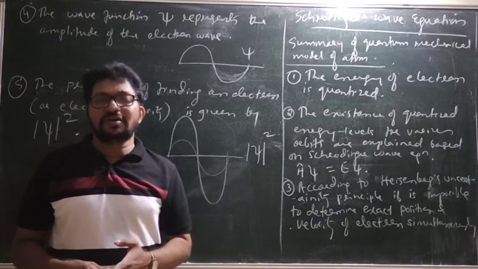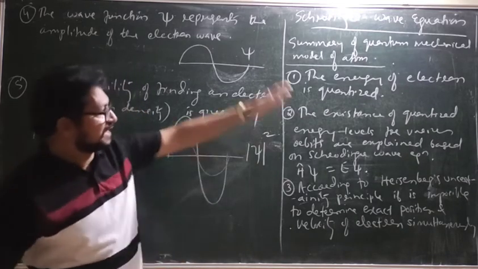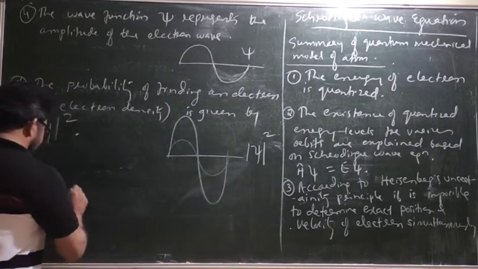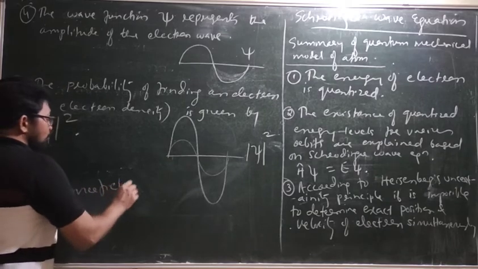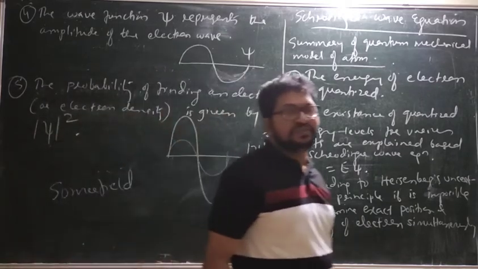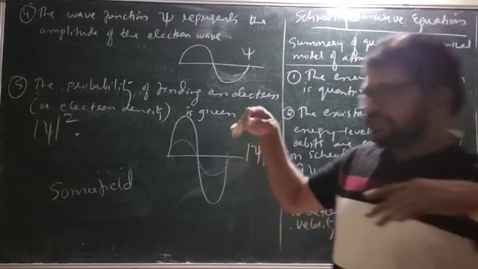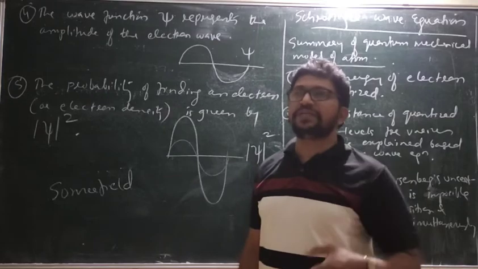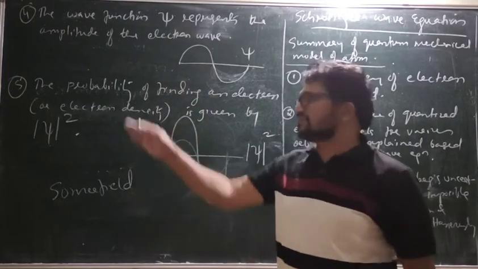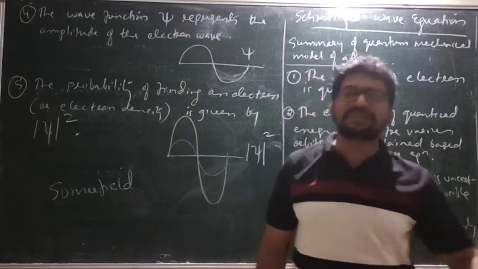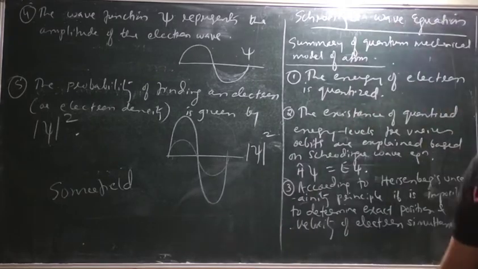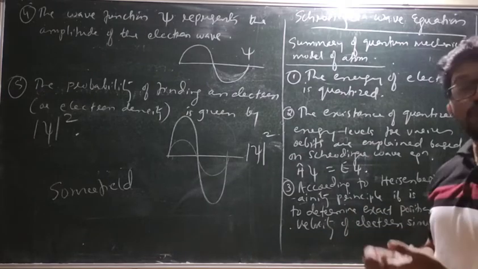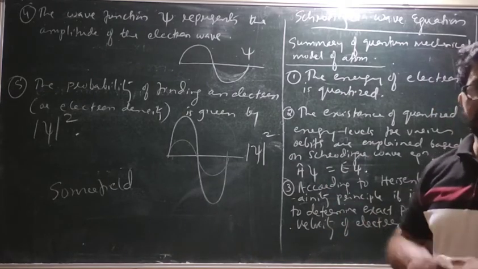But there is a model called the Sommerfeld model, and that is beyond the scope of your discussion. Otherwise, I have discussed some of the developments leading to the failure of Bohr's theory: the De Broglie hypothesis, Heisenberg's uncertainty principle, and Schrödinger wave equations.